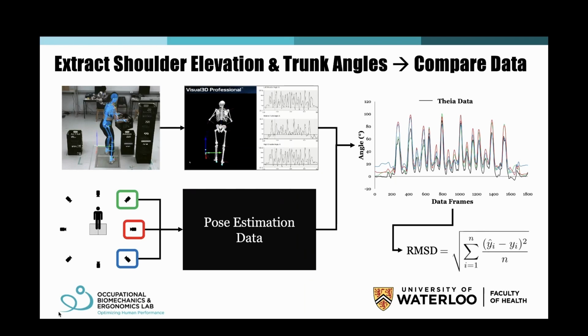data set. I want to point out that in this field, many researchers would coin this metric as root mean square error, but we are calling it a difference for this study. The reason is that the skeletal or stick figure pose estimation overlays are estimating the position of our body in space, and also the position of our underlying skeletal structures, and they may not be exactly replicating the movement.